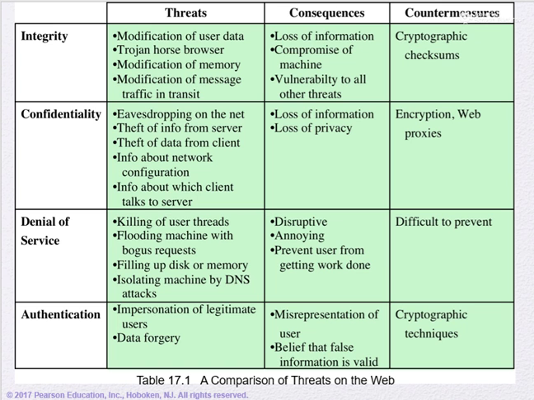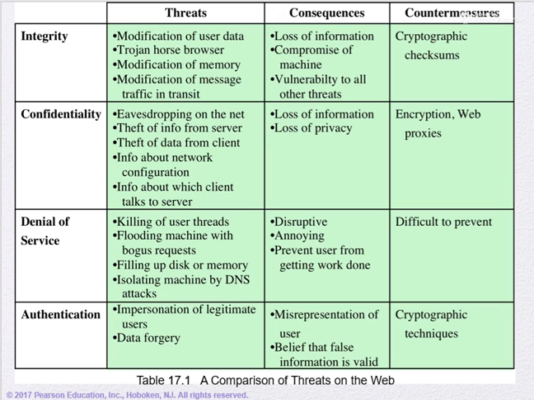Here this table summarizes the types of security threats faced when using the web, and we categorize them with respect to different security services, what the threats are for each of these services, and what the possible consequences and countermeasures are for each.